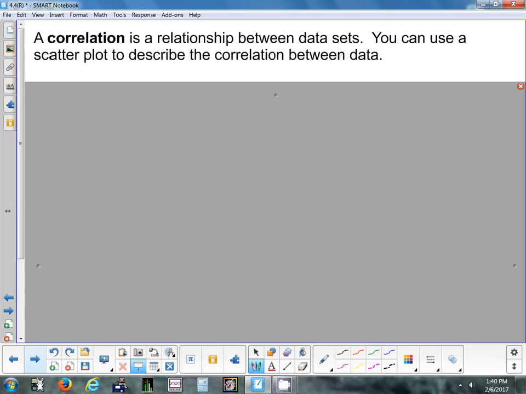Okay? Like I might say to you, there's a correlation. You know what you can do? Right on the bottom, just write this in right on the bottom below those 3 examples.